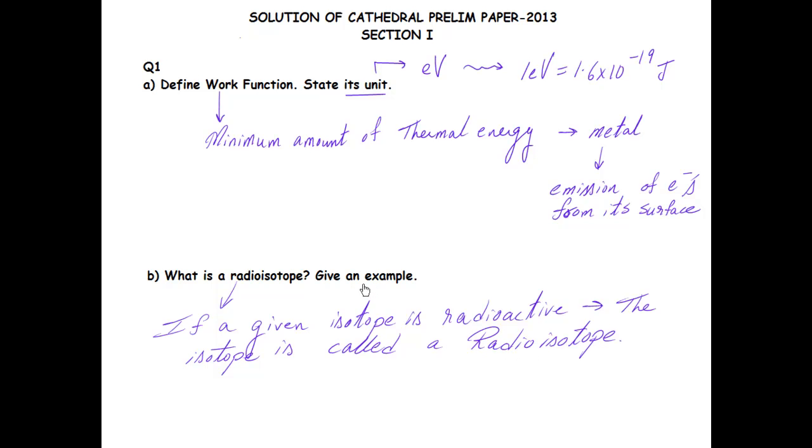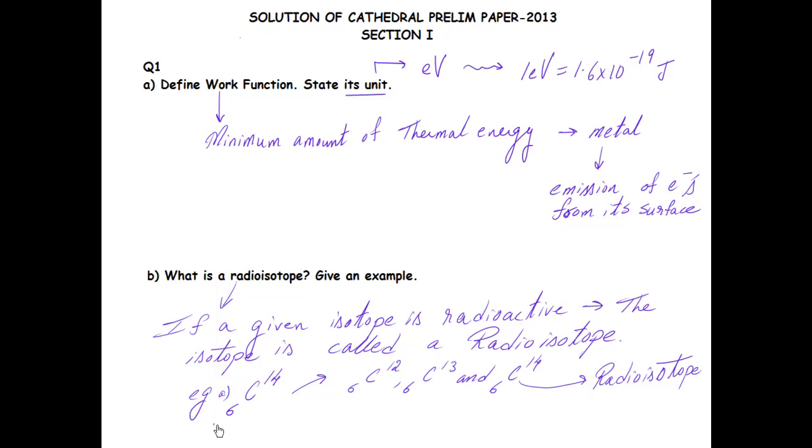There are several examples of a radioisotope. One of them is carbon 14. Technically, there are several isotopes of carbon: carbon 12, carbon 13, and carbon 14. However, only carbon 14 is found to be radioactive, and hence we can call it a radioisotope.